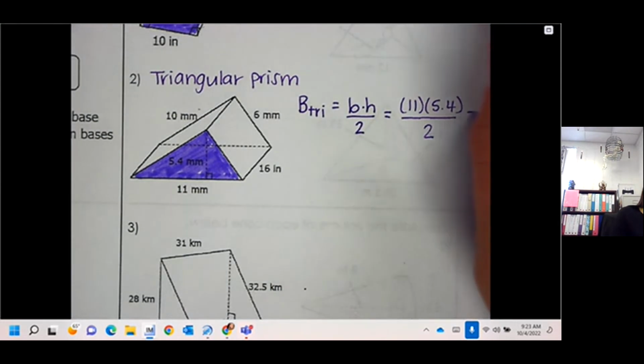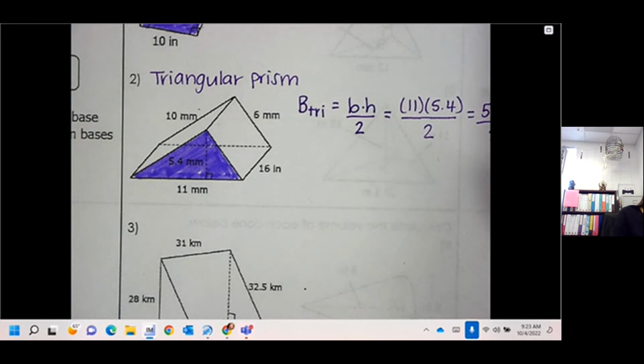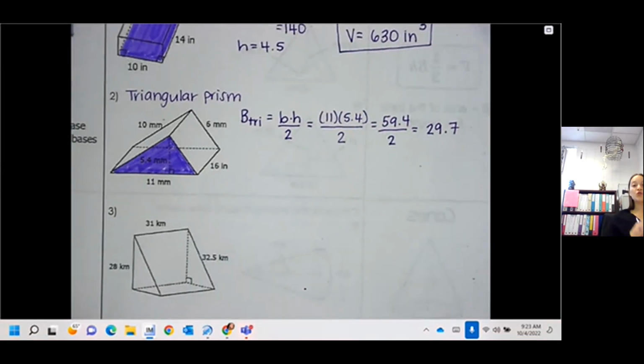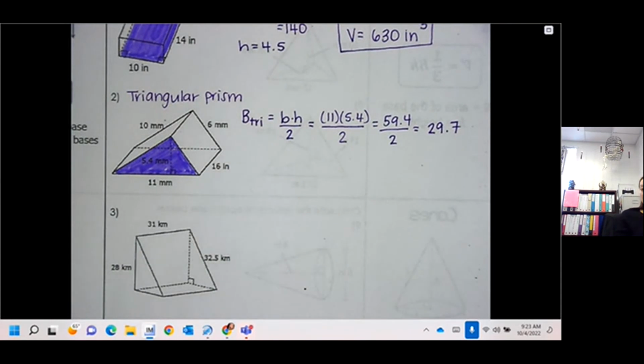So that is 59.4, right? And half of that is 29.7, thank you. Okay, oops, I should zoom out, my fault. Okay, so that is the area of the triangle.